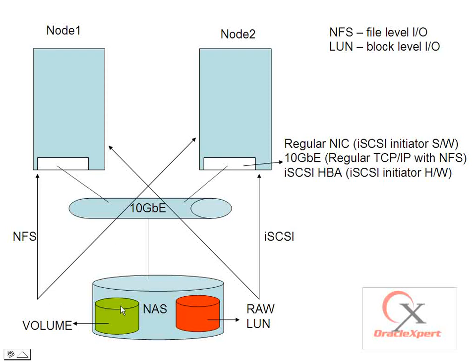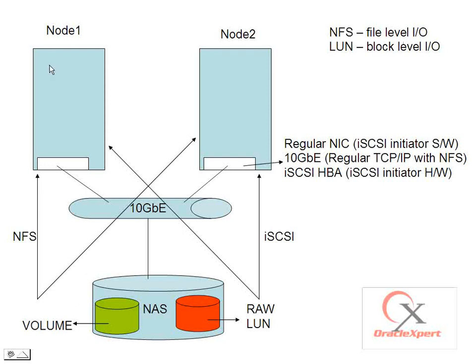Now when we talk about a volume in a NAS mode, we make these volumes available to the respective nodes using NFS. NFS is the network file system. NFS provides you file level IO.